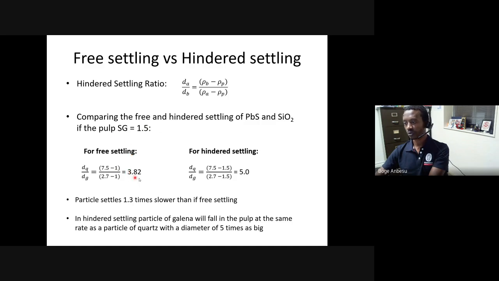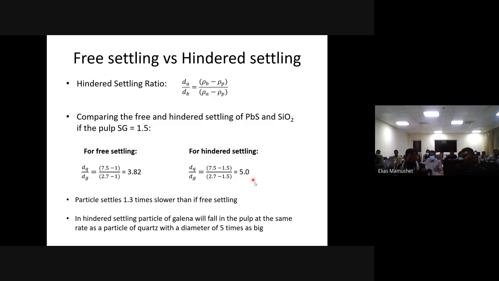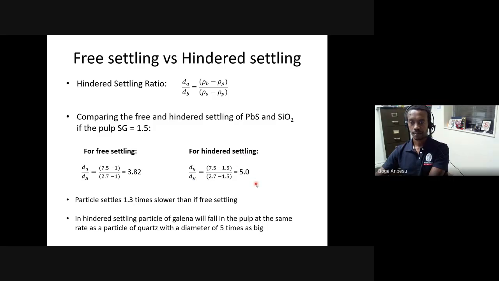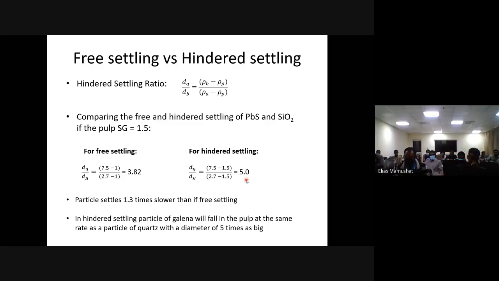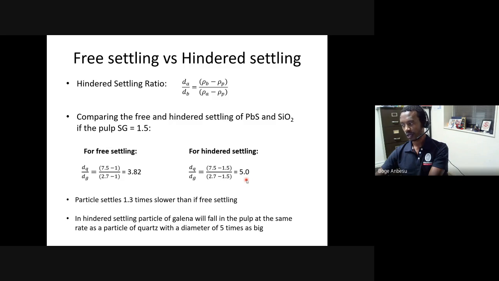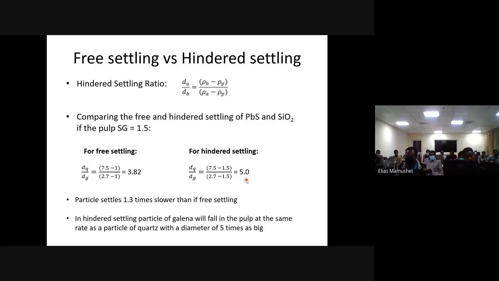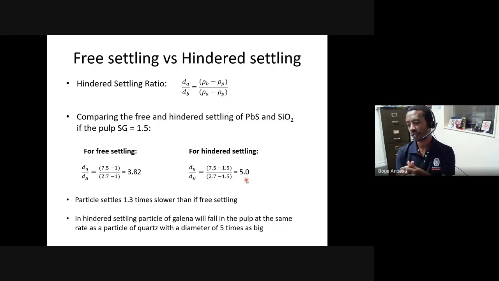So for free settling, I told you Newton's law predicts the ratio of 3.82, but in the hindered settling case, it's about 5. So this is actually the impact of crowding the pulp with higher percent solids. And what it's saying is that when you have a hindered settling condition, particles will move slower compared to the free settling condition.